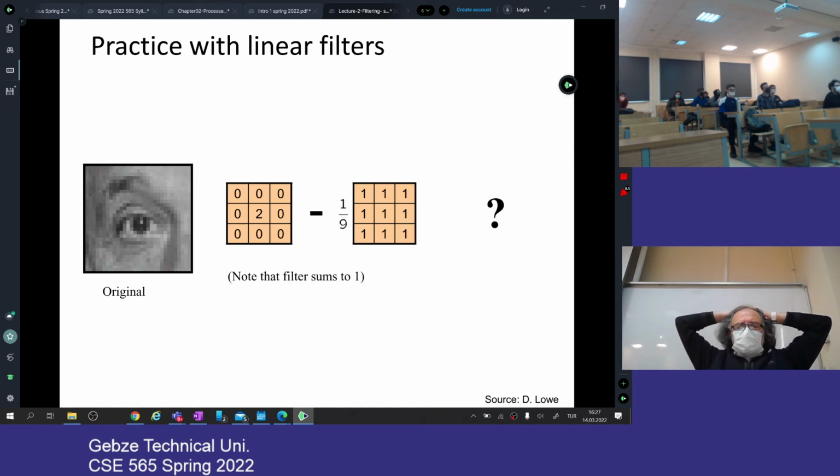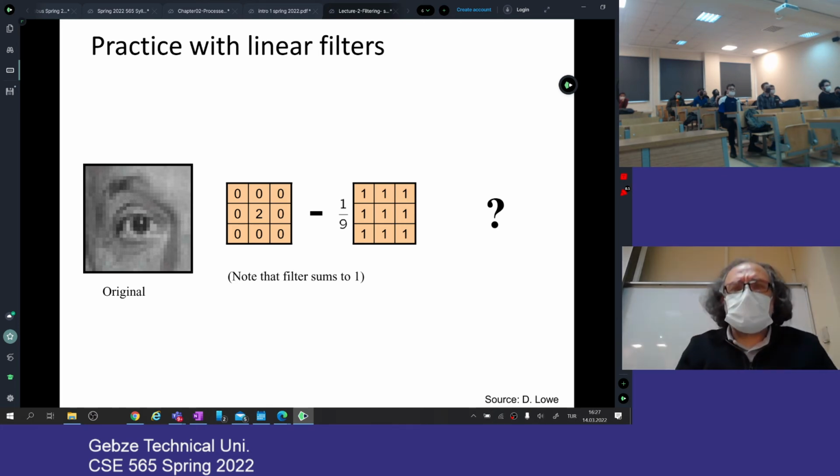Multiply each pixel by 2 and subtract the local neighborhood average from that one. Take the local neighborhood, right? Take the local neighborhood average and can you imagine what's going on? Let's do this on a one-dimensional image.